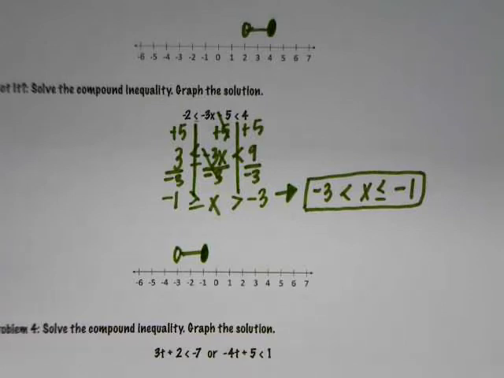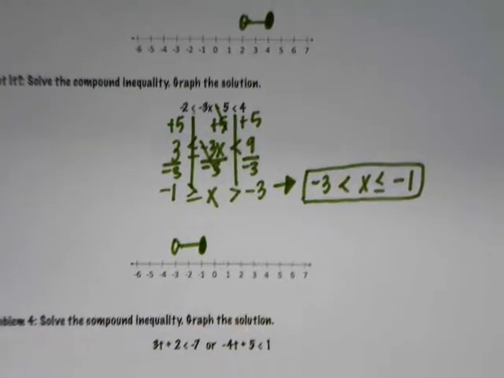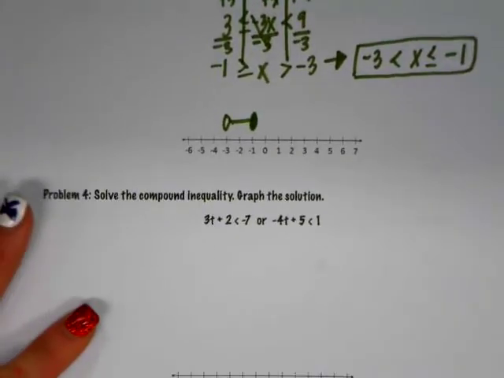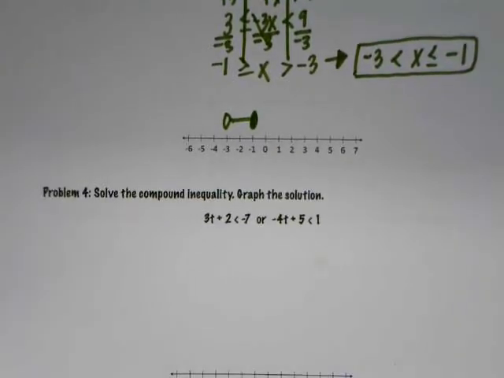All right, cool. So the last thing is solving the or compound inequalities, which is actually the easy problems. So you guys already did the hard ones. For the or ones, they're already basically separate inequalities, so you just solve them separately, okay?